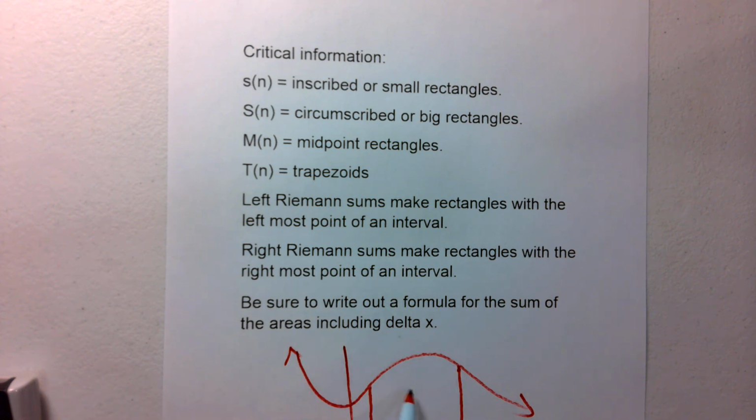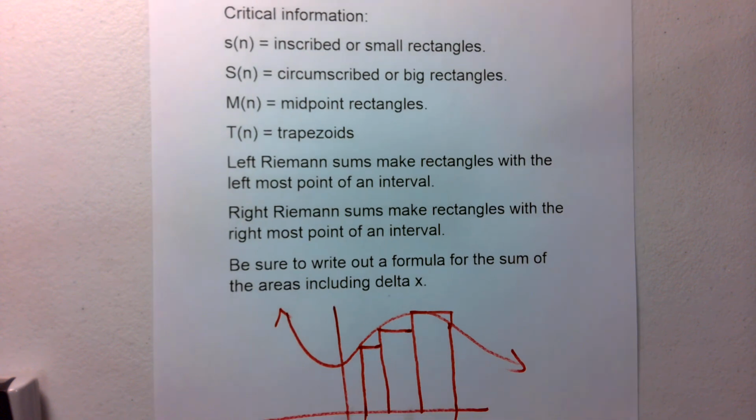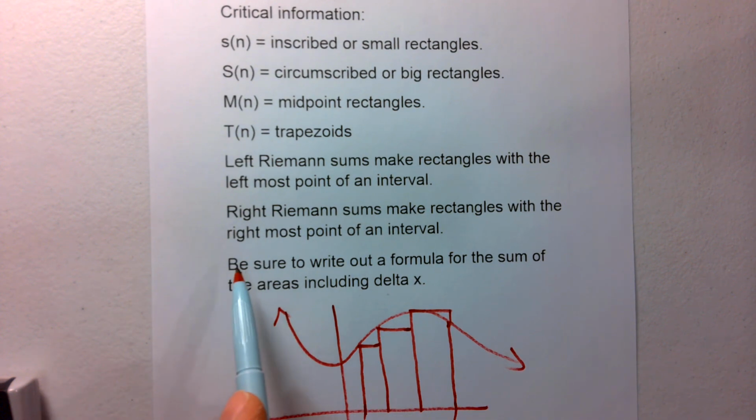We could have some left and rights happening, but if we do this here, our left sum would look like this. So you wouldn't necessarily be able to use your calculator on this one to do little s and big S of n, but later on we'll see how to do this, where we have two inscribed rectangles and a circumscribed rectangle.